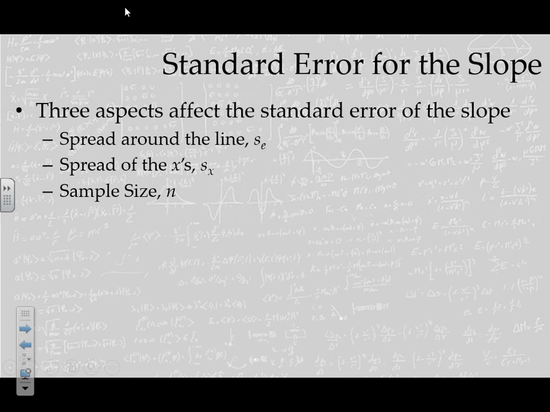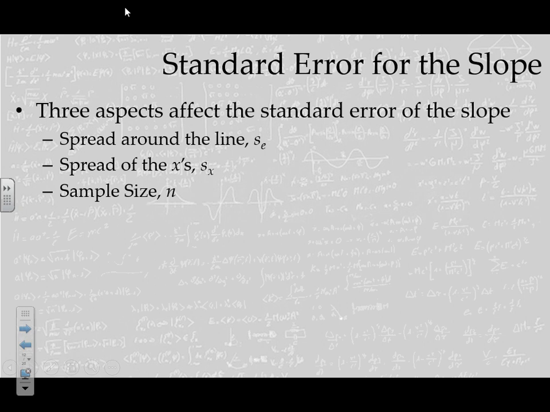anytime we work with hypothesis tests, anytime we work with confidence intervals, one of the things that we have to discuss is standard error. So everything we've used so far as inference for means, proportions, with our chi-square, we always had a standard error that we had to work with. So with regression inference, 3 different aspects will affect the standard error of our slope.